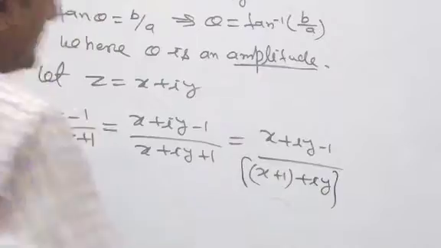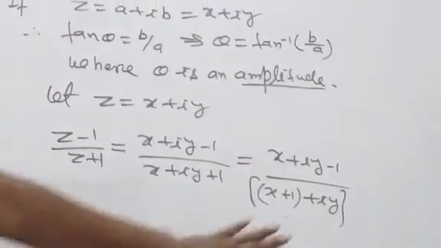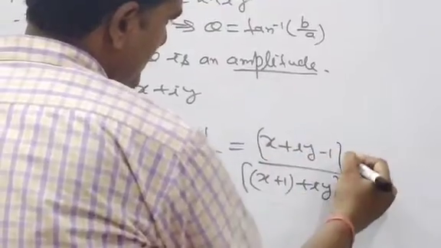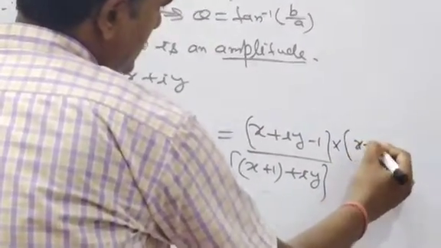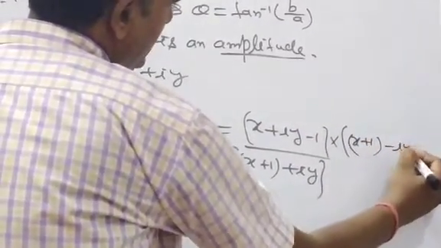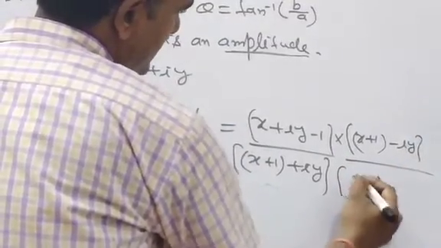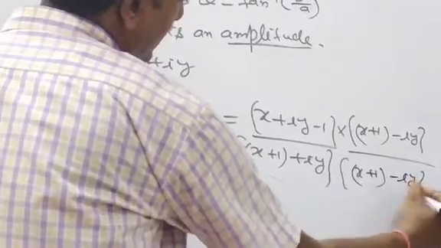Clear? Now multiply by the conjugate of this number, into x plus 1 minus iy upon x plus 1 minus iy. Clear?